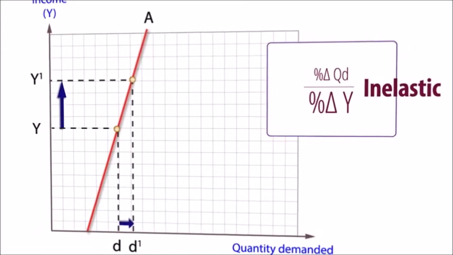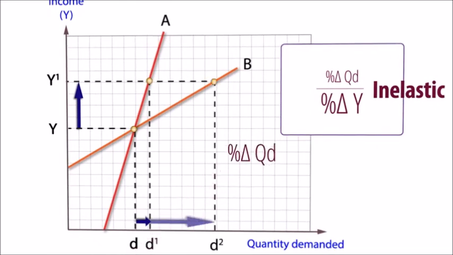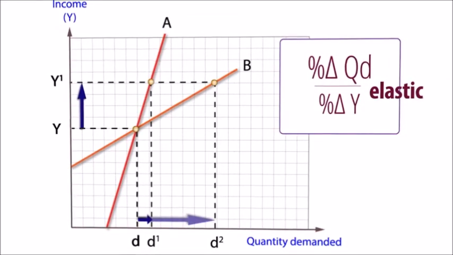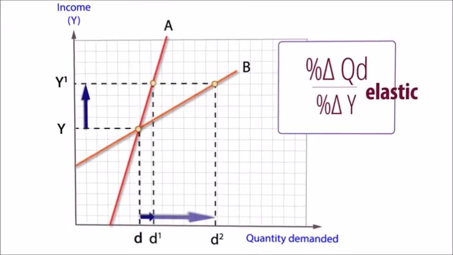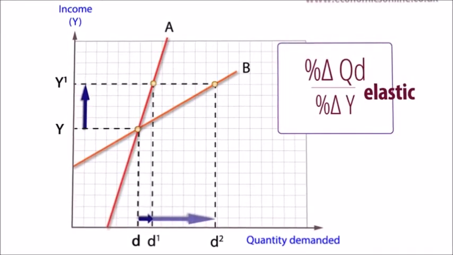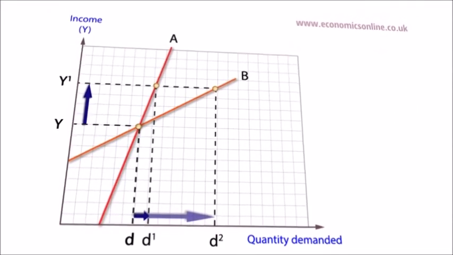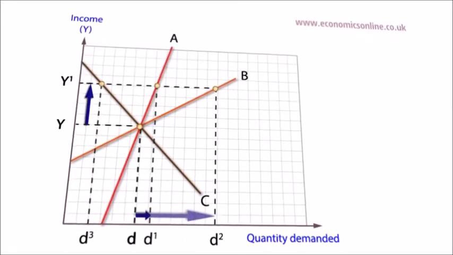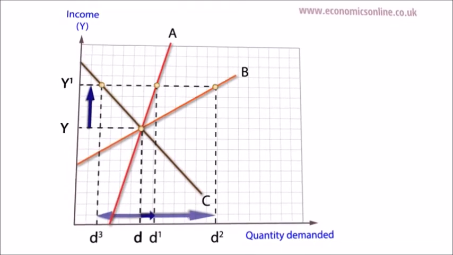Engel curve B also slopes upward, indicating it is a normal good, but the gradient is much flatter, indicating that the quantity demanded of good B changes by a greater proportion than income, hence YED is elastic. In this case, the good is not only normal, but is considered to be a luxury good. Finally, with Engel curve C, the gradient is downward sloping, indicating that the relationship between income and quantity demanded is inverse, and the good is an inferior good.